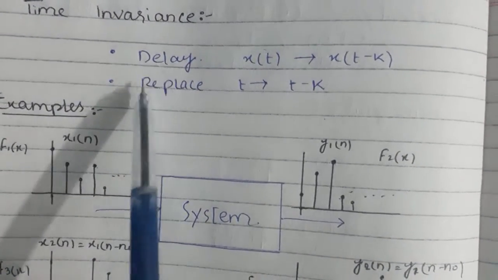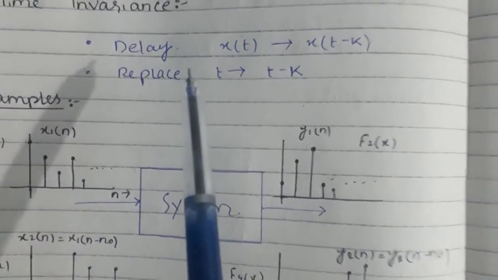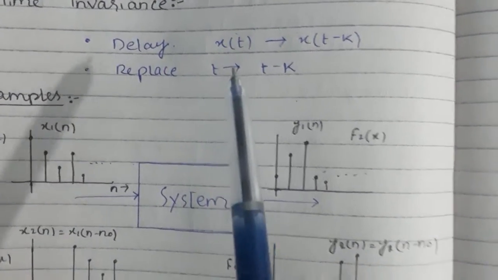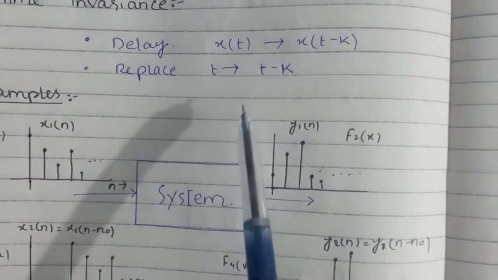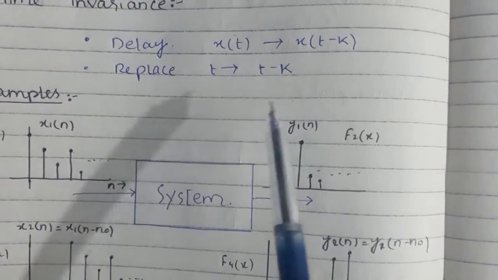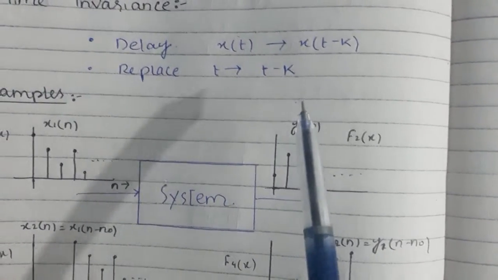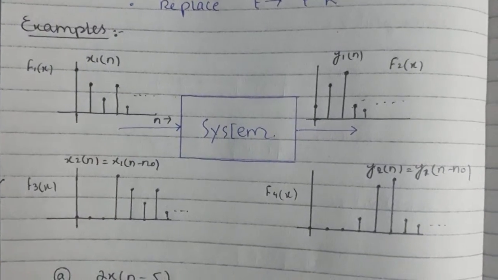The first one is delay and the second one is replace. In delay, we apply the shift only on the function, and in replace we replace all the t or n by t minus k or n minus n naught. So we see some examples for better understanding.